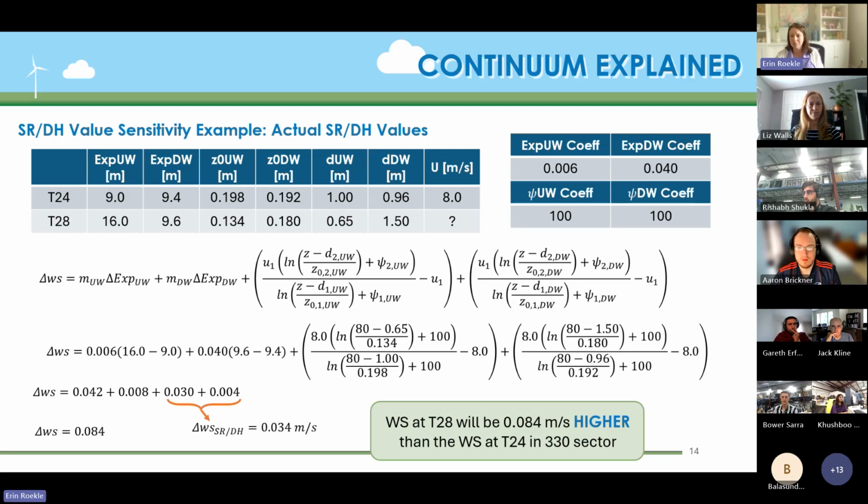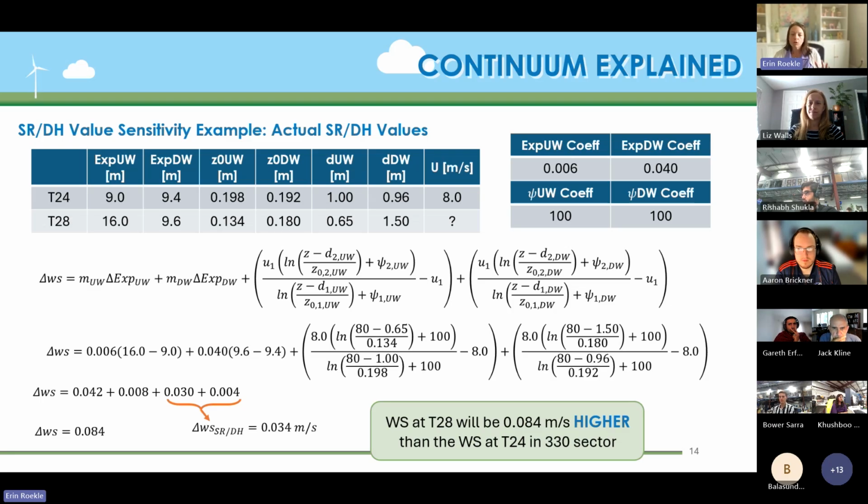We start plugging in all those numbers from the top two tables into our equation. You can see we've got 4 different terms: the upwind and downwind exposure, and then the last 2 terms, our upwind and downwind surface roughness, displacement height terms.